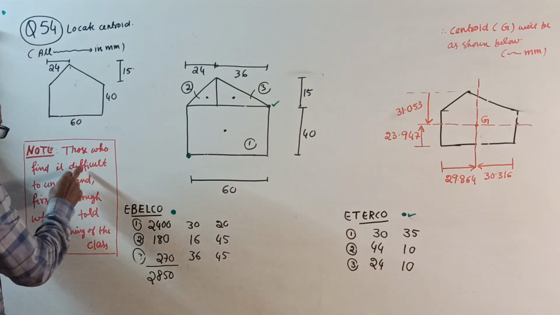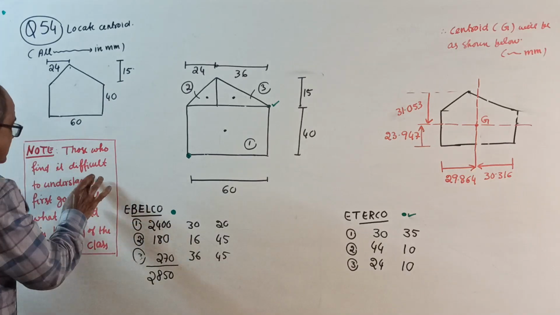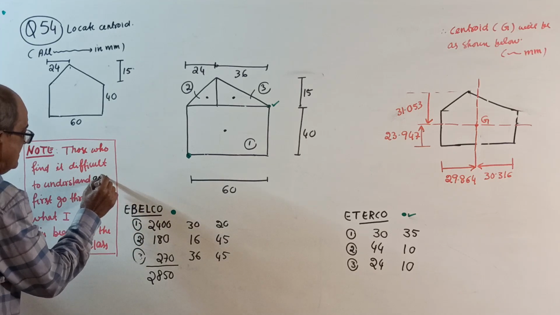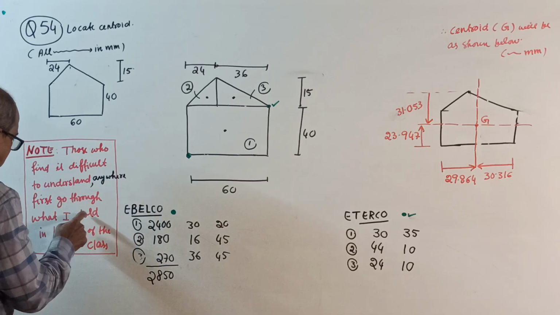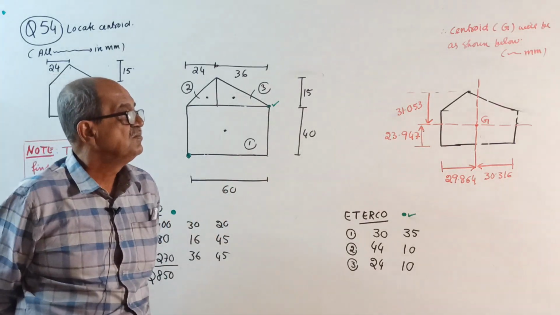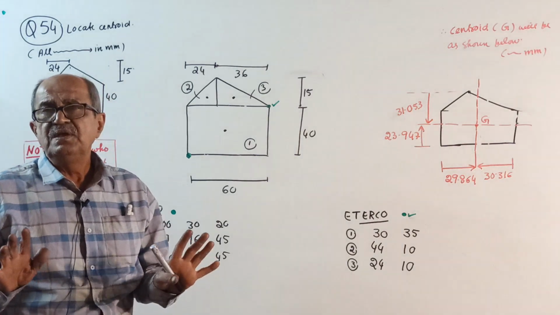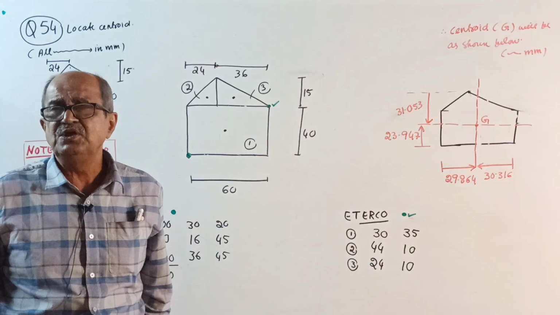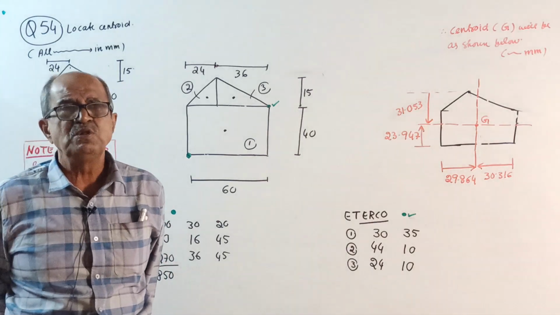Now, this statement, last time I told, every class I will tell. Those who find it difficult to understand anywhere, first go through what I told in the beginning of the class. If you have difficulty understanding, there is only one reason: you are not serious. You have no dedication. You do not want to learn.